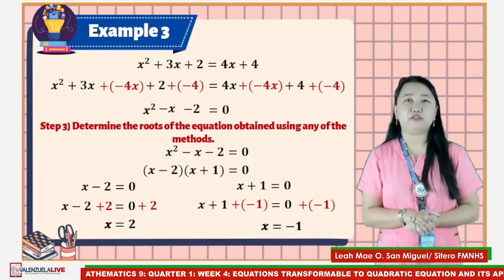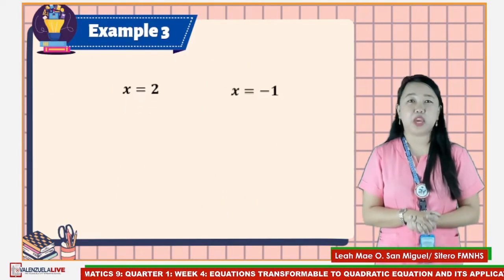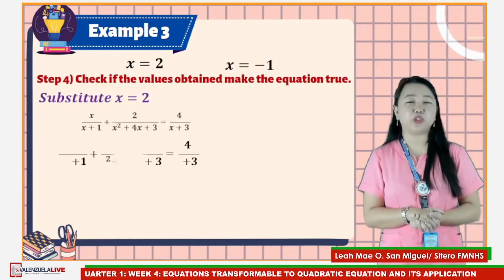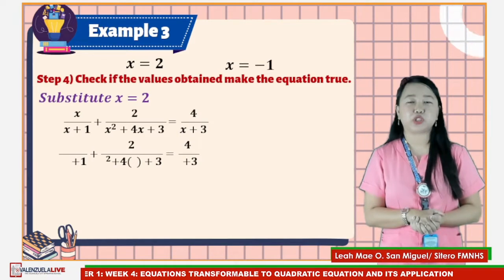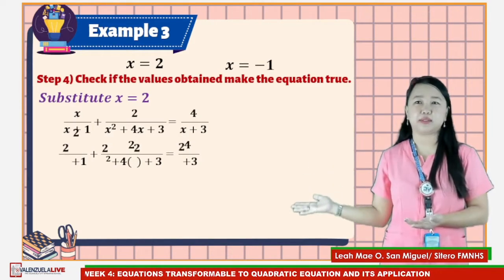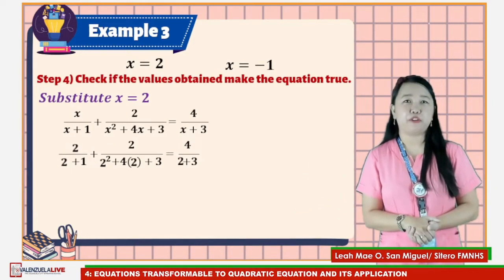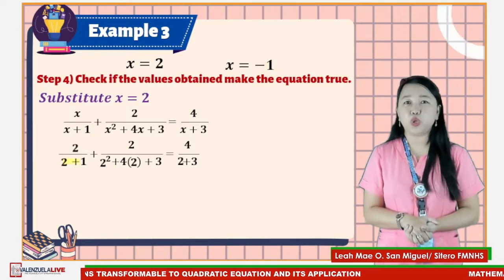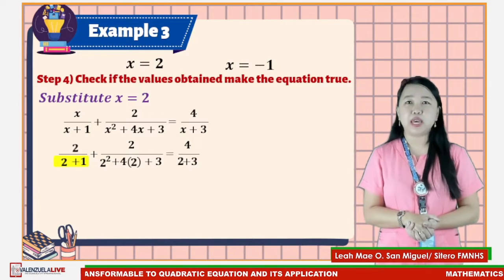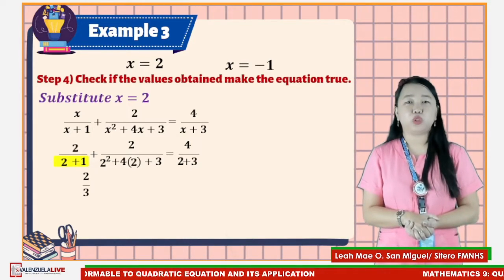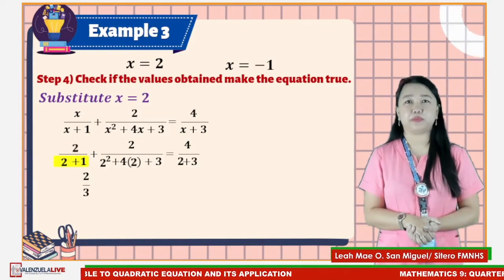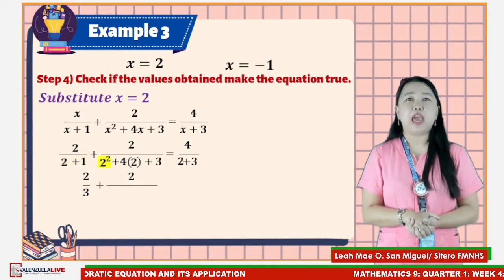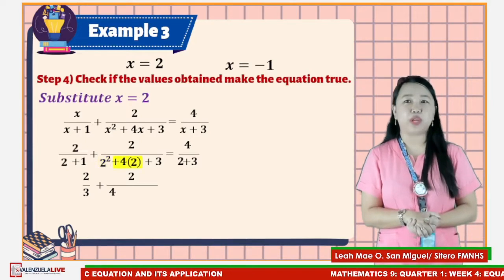Lastly, check if the values obtained make the equation true. Substitute x is equal to 2 to the original equation. We have this. Perform the operations indicated in the denominators. 2 plus 1 is equal to 3. That is why we have 2 over 3. 2 squared is 4, and 4 times 2 is equal to 8.